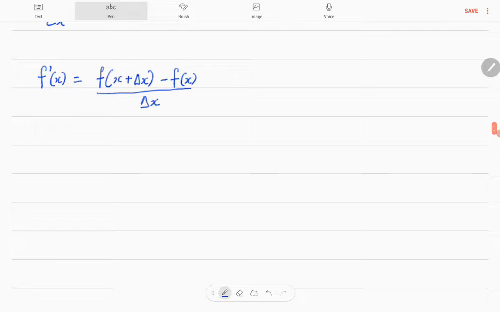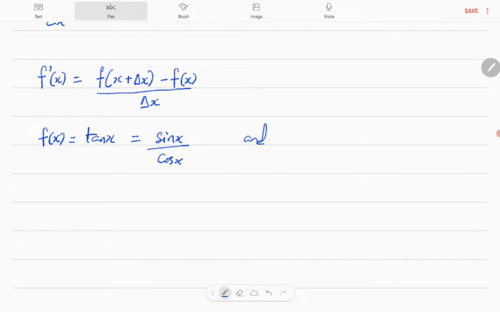Now, here our f of x is equal to tan x, and of course tan x can be sin x divided by cos x.